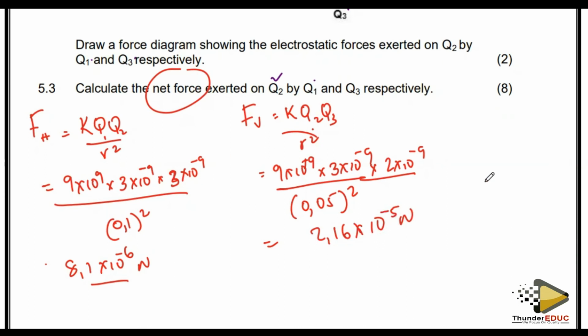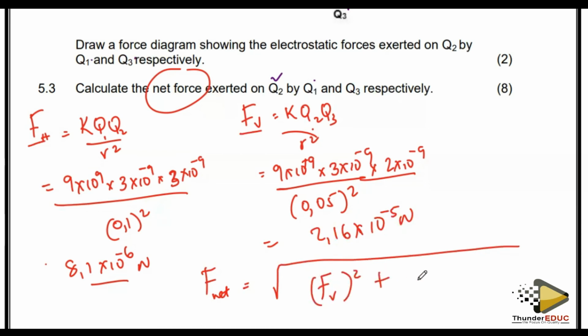But since we have the vertical and horizontal, to find the net force or the resultant, we use the square root of the vertical squared plus the horizontal squared.